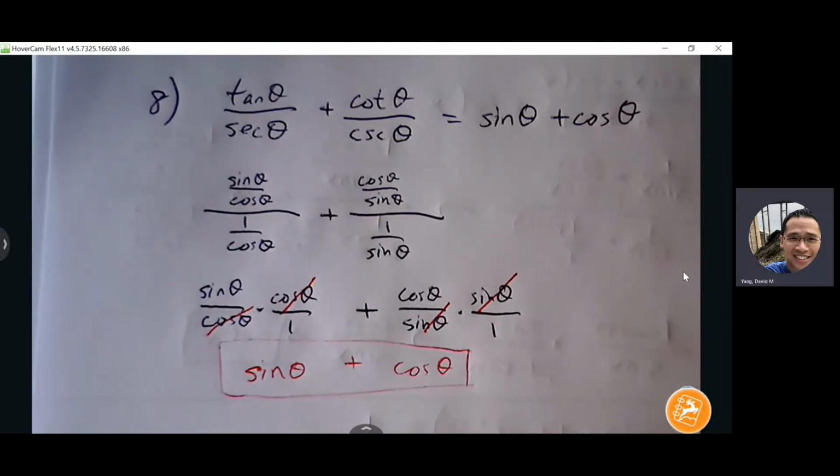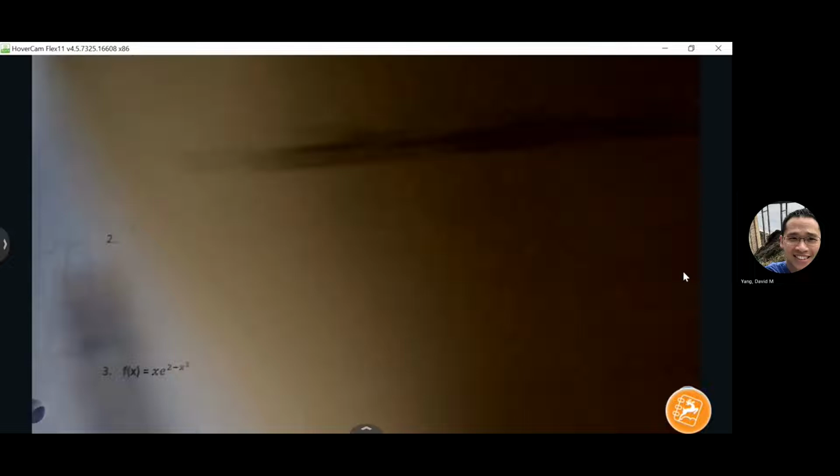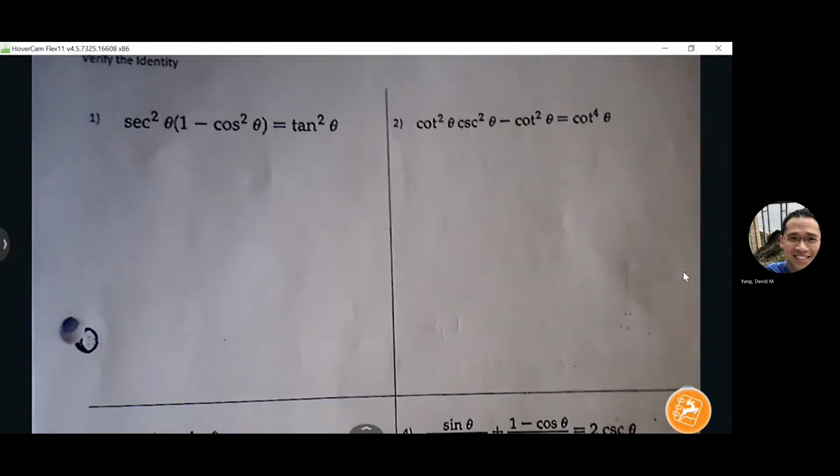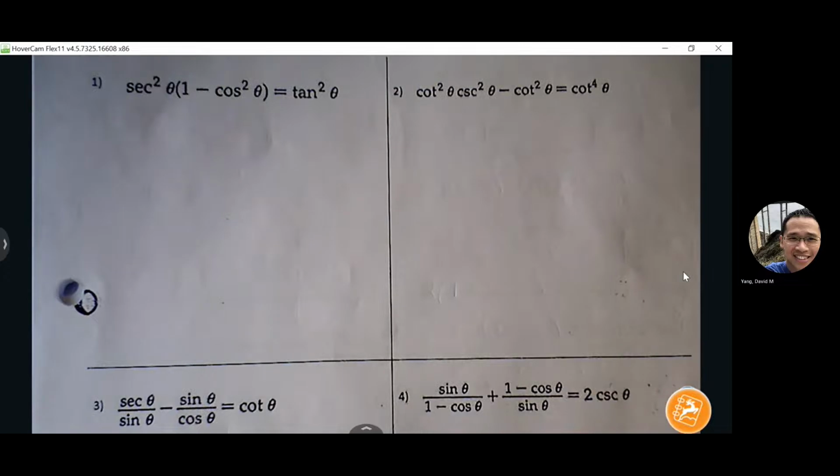Okay, worksheet 3. Let me point out a couple of things here.